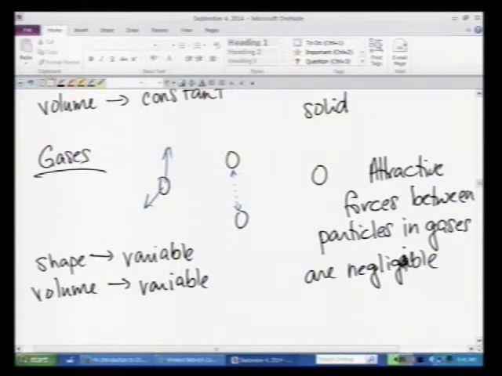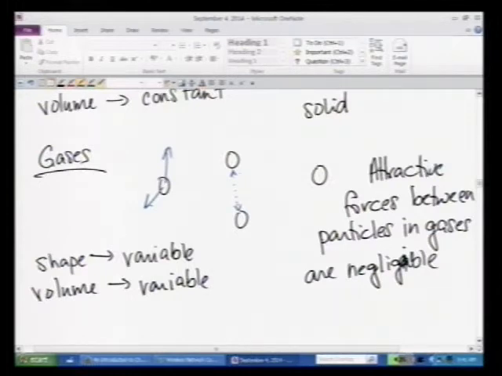But if we increase the temperature, if we add energy to the system, we know that that solid is going to change phases and become a liquid. Why does it become a liquid? We're not changing the attractive forces between the particles, we're changing the motion of the particles.